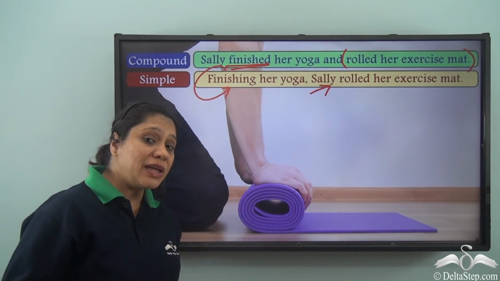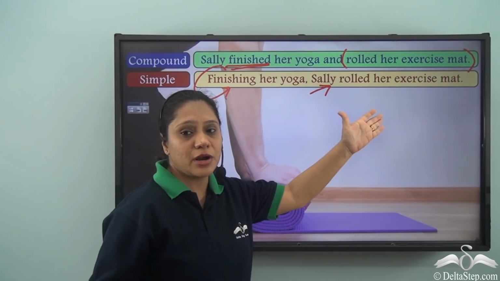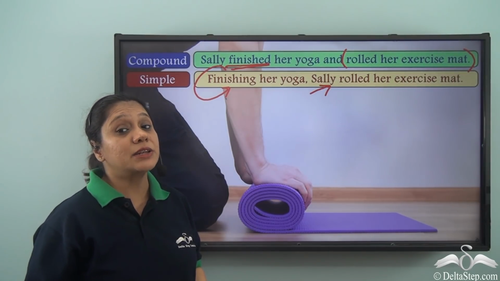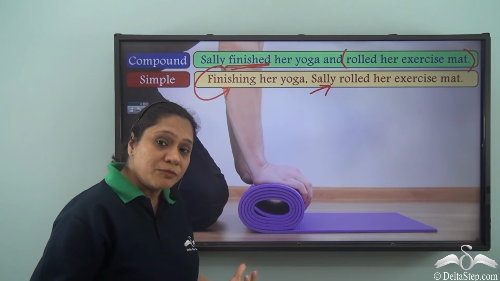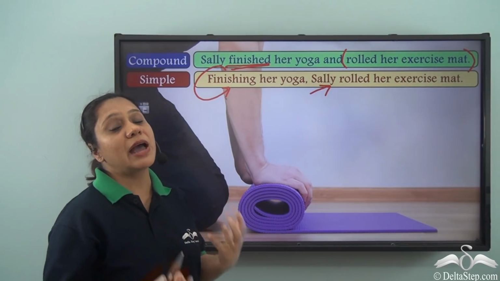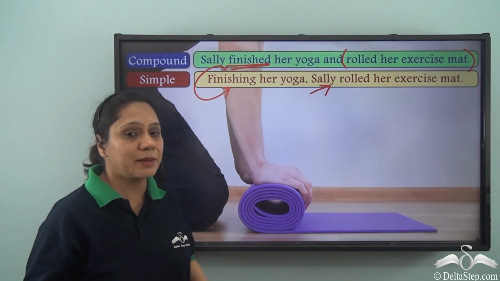Now, could we have written rolling her exercise mat, Sally finished her yoga? No, we could not have written that because it would have changed the meaning of the sentence. Remember, when we transform a sentence from one kind to another kind, we have to ensure that the meaning of the sentence remains the same.